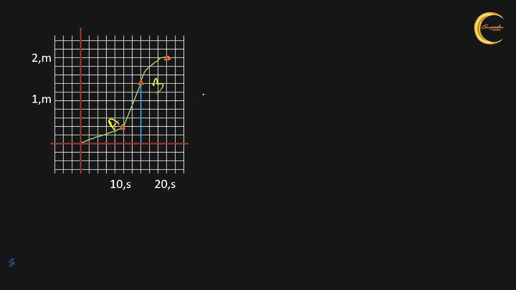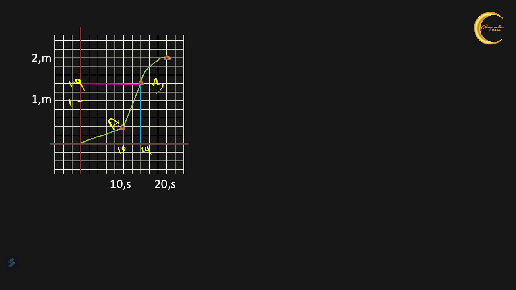Now for point B in the x direction, the time is 10 seconds, and this is 14 seconds. This distance is 1 meter, so this is 1.4 meters.